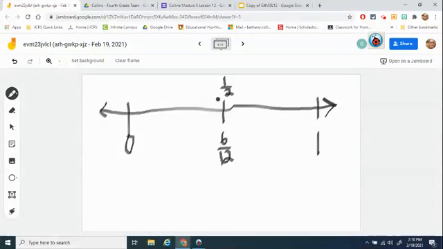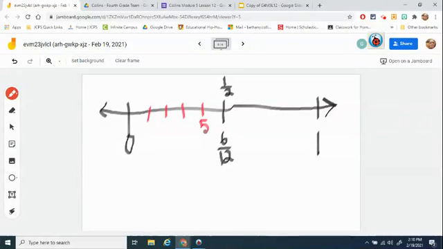because half of 12 is 6, and so 5/12, even if I don't draw it all the way out, we know 5/12 is going to be less than 6/12, right? So let's see. 1, 2, 3, 1, 2, 3, 4.